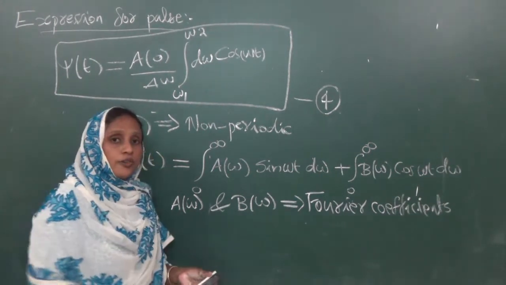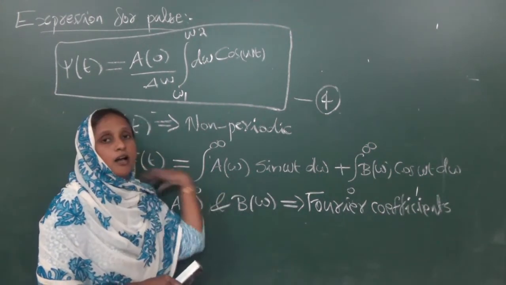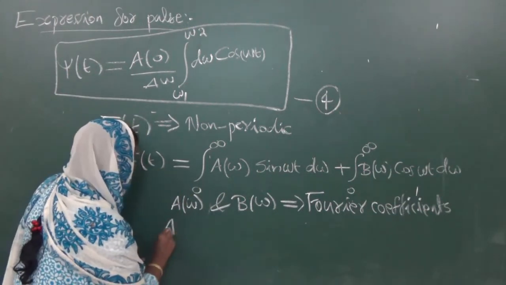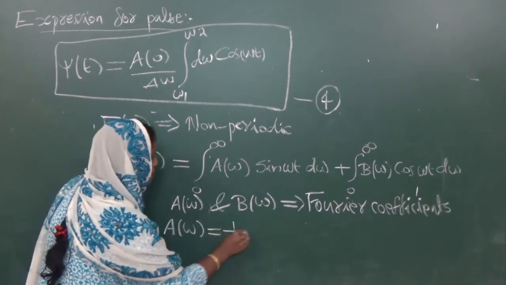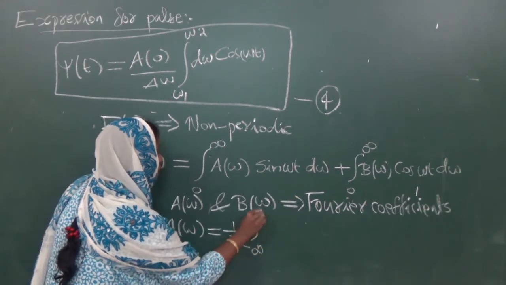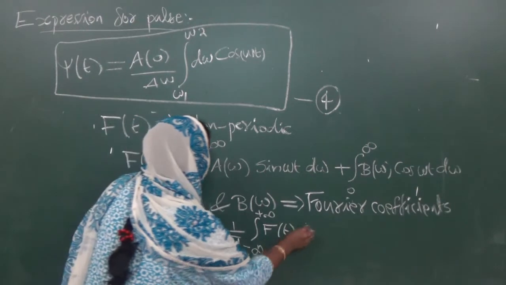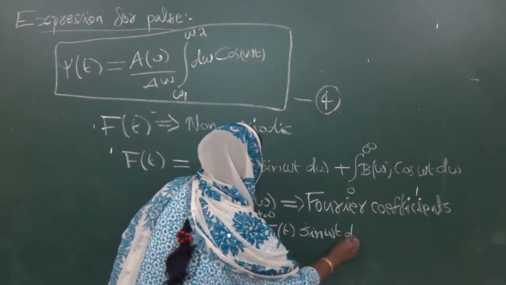Now we can define these coefficients a of omega and b of omega such that a of omega equals 1 by pi integral minus infinity to plus infinity f of t sin omega t dt.